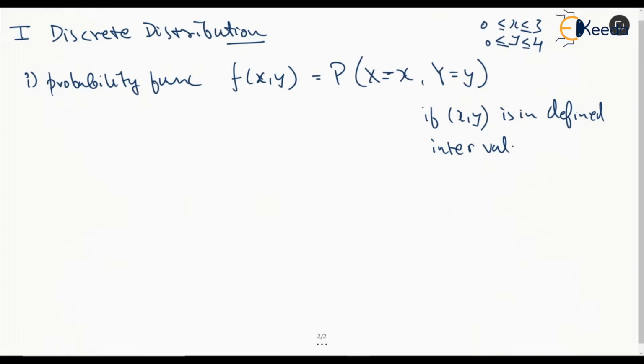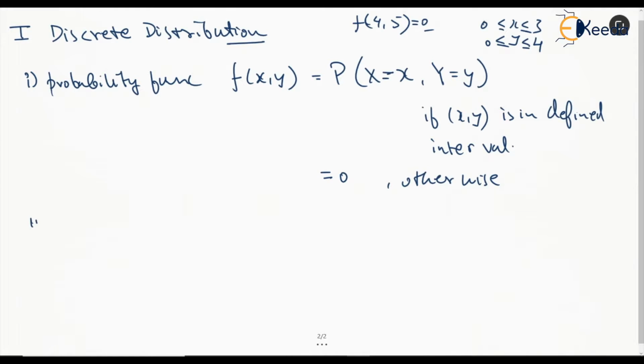Up to this range you'll get the values by directly putting them in, and if it is coming out of this range it is going to be 0 otherwise. That is, if I am looking for, let's say, the function value at 4, 5, then this function is not defined in this region, and you can say that this is going to be 0 directly. We won't have to calculate it, right? It is not in the defined region.